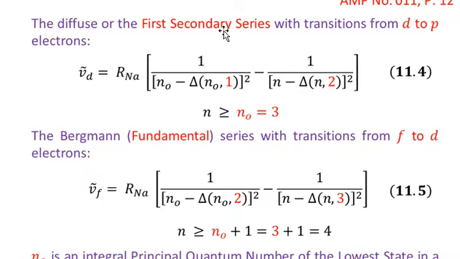This is called the first secondary series, also referred to as the diffuse series, represented by the subscript D, due to diffuse. And diffuse is another name for the second secondary series.